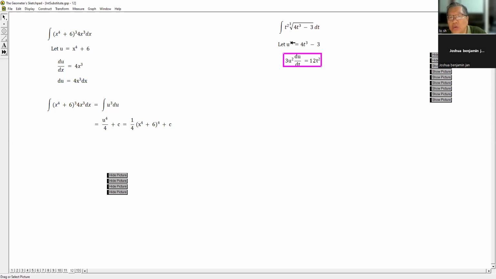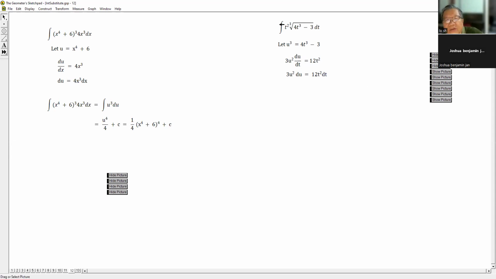But now it's u cubed, so you have to make it 3u squared du dt. And this side is 12t squared. When you separate the du and dt, you will have 3u squared du equals 12t squared dt.